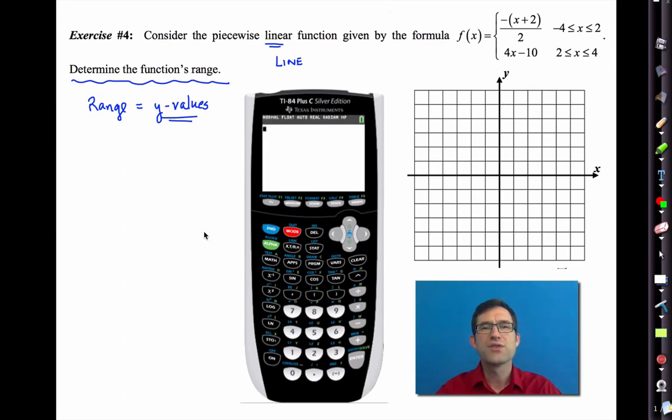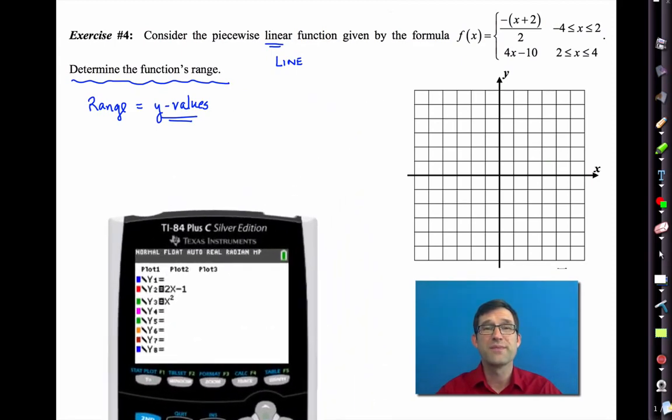All right, so let me hit y equals. All right, let me clear out any equations that might be sitting there from past lessons or past problems. So clear both y1 and y2 out. If you have anything in y3, y4, etc., then it'd be a good idea to get rid of those as well. But we're just going to use y1 and y2.